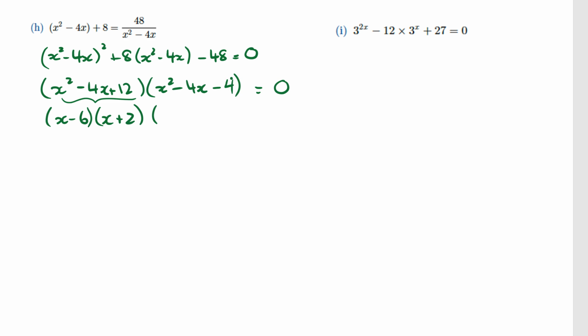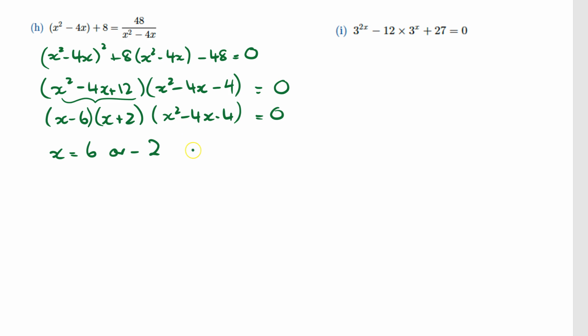Now that's doable, but what it does mean is that for this part here, I'm going to have to use the quadratic formula to factor it. So if I just leave that sitting there for a moment, I can get two of my solutions here. So x equals 6 or minus 2.